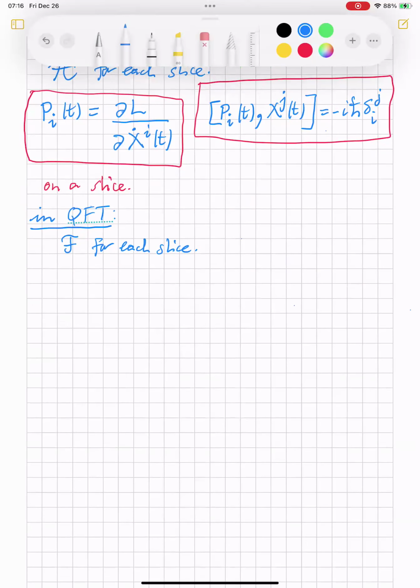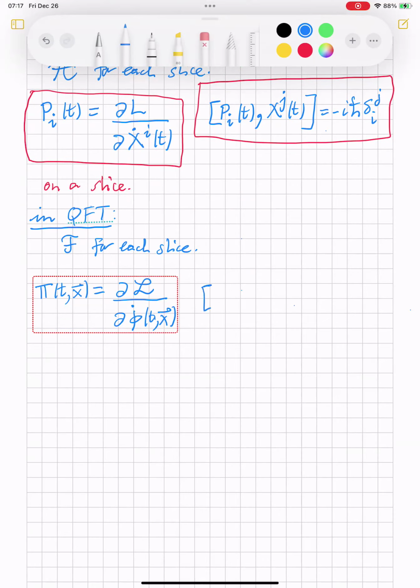We would also need to define our conjugate momentum. So we'd have pi of t comma x, that's t comma x. This would be given as a derivative of the Lagrangian density with respect to phi dot of t and x. And what you'll notice again is that this only refers to quantities defined on a specific slice.